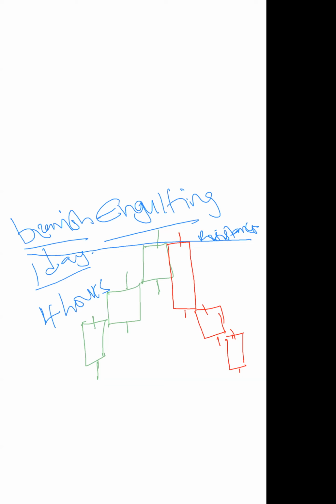Okay, let me try to draw for you now bullish engulfing. Just assume we have been going down, printing candles. The market is going down like this. All the candles are showing the market is going down.